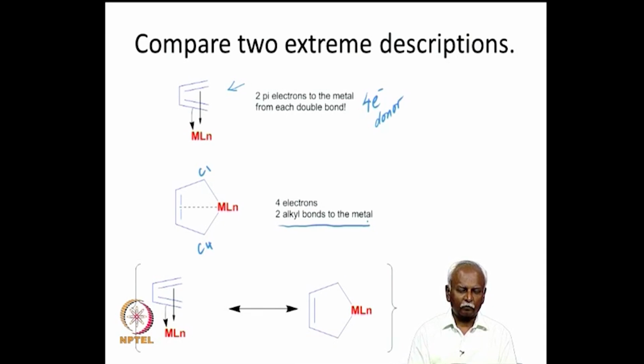So, you have 4 electrons involved between the metal and the diene fragment, and you also have a 4 electron interaction in the case of the pi bond description that I gave you initially. So, these two extreme descriptions are really not completely correct. What is true is something in between.